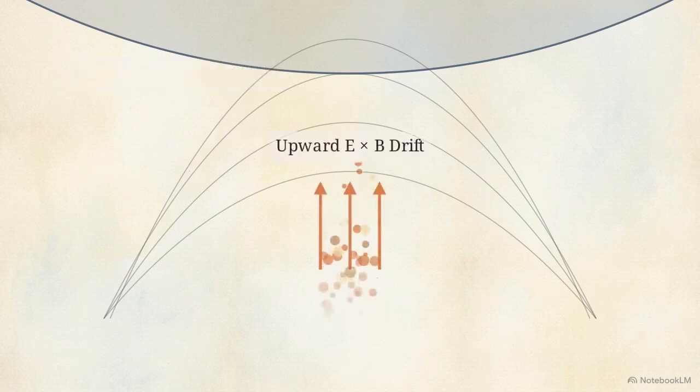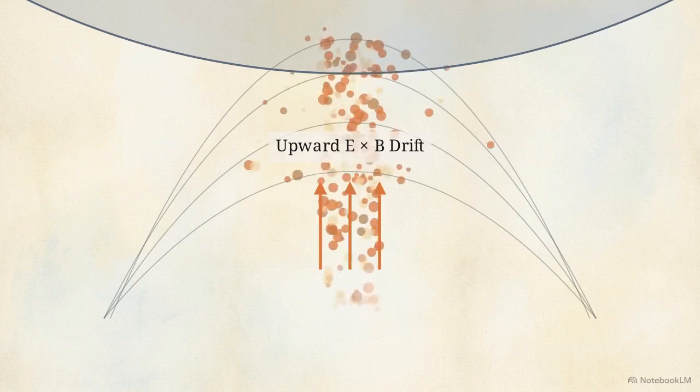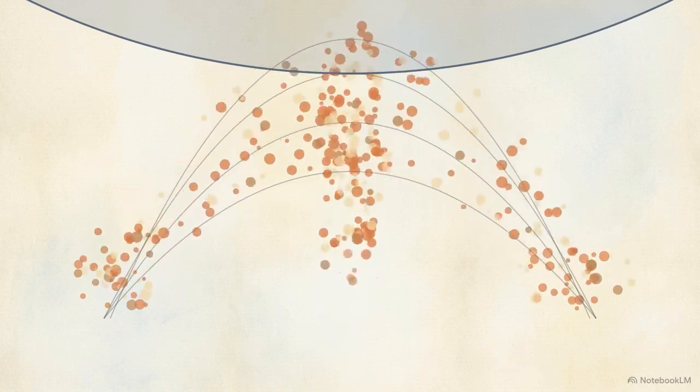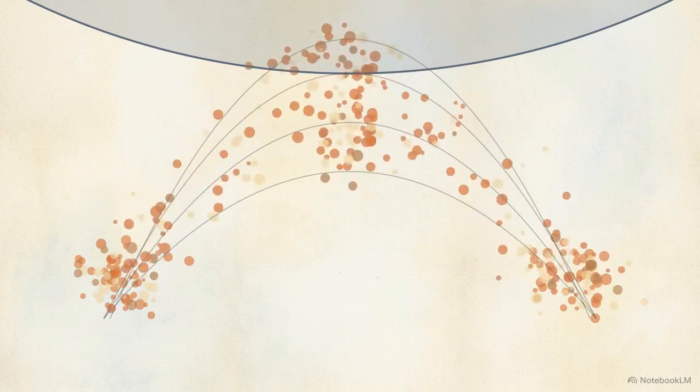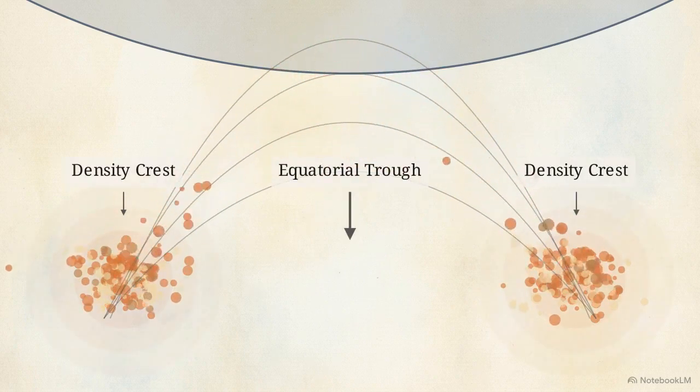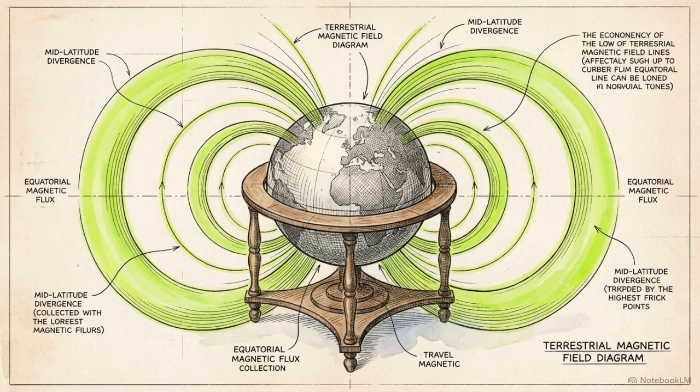Eastward electric fields interact with the horizontal magnetic field, creating an upward force that lifts plasma away from the equator. Reaching high altitudes, the plasma slides down curved magnetic field lines, pooling into the dense crests observed by satellites. Radio propagation planning must account for this magnetic topology, which physically redistributes the medium away from the solar zenith.